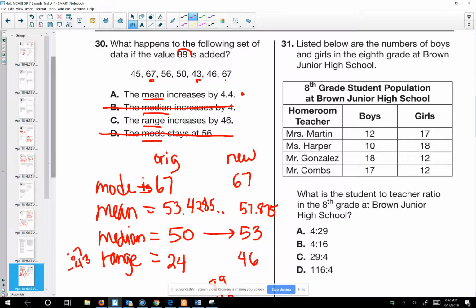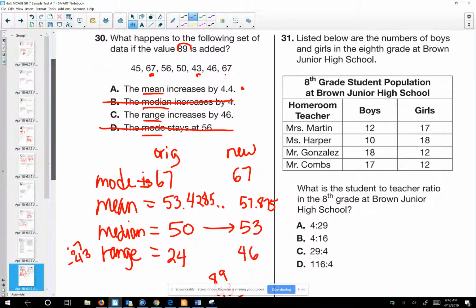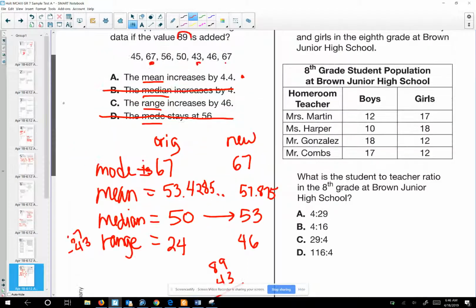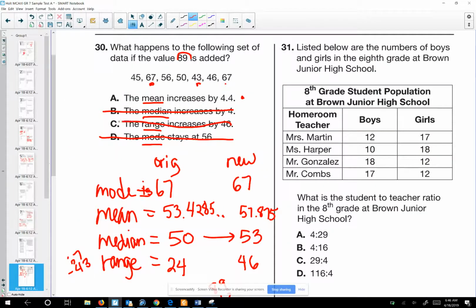The range increases by 46. No, the range changed to be 46, but it didn't increase from 24 up 46. That would give me a new value of like 70 or something. So don't be misled by the fact that you see a 46. Please choose A.